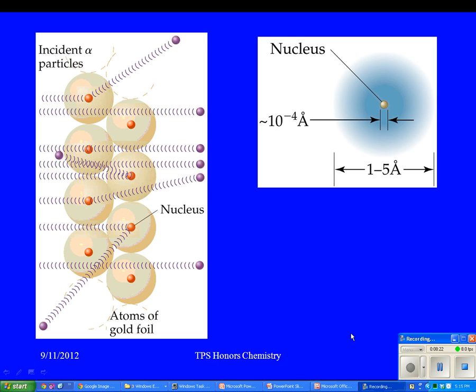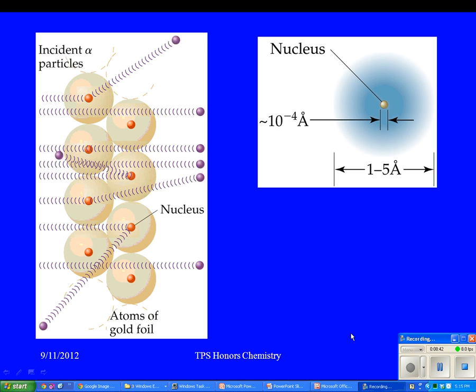And the nucleus is actually 10 to the minus 4th angstroms. So the nucleus is anywhere from 2,000 up to 10,000 times smaller than the actual atom itself.